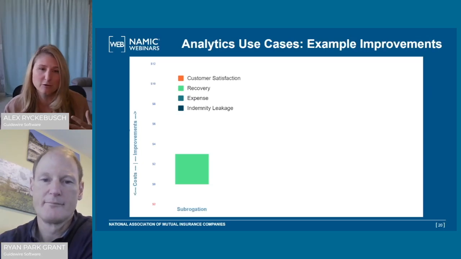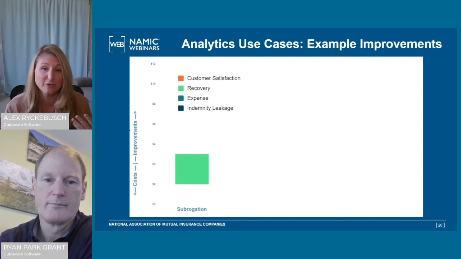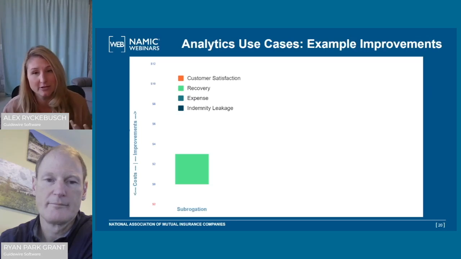So when we're talking to customers about how this type of use case can impact them, it's really around quantifying the increased identification of subrogation opportunities, the early intervention component, increased recovery via reduced leakage, as well as an efficiency gain for the folks on their subrogation team.